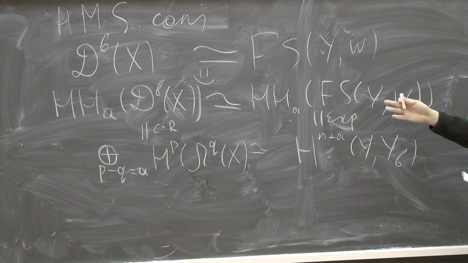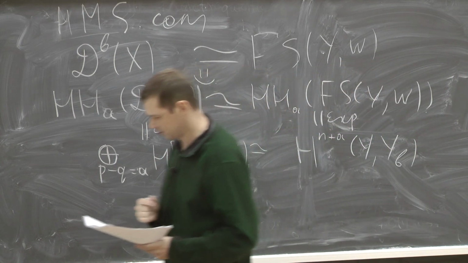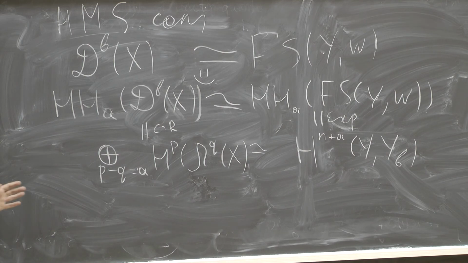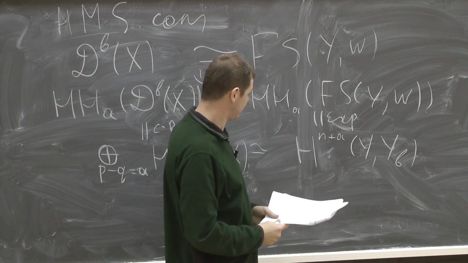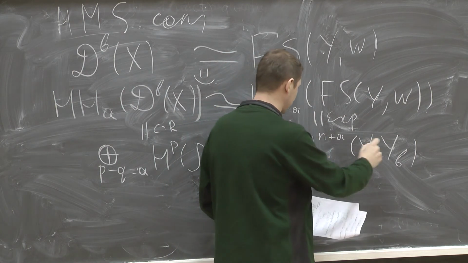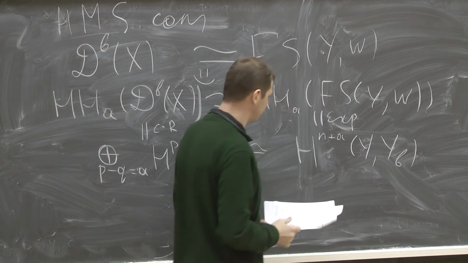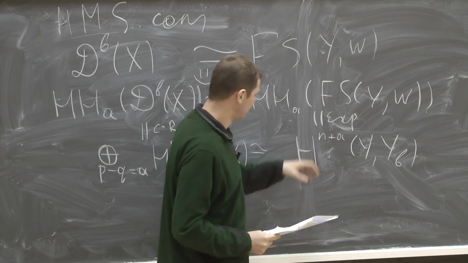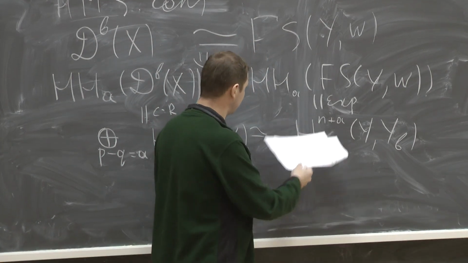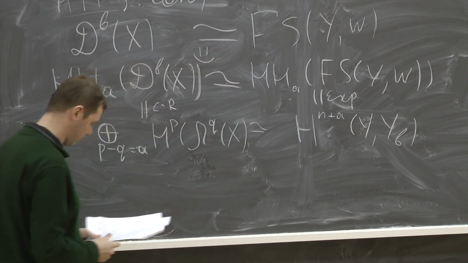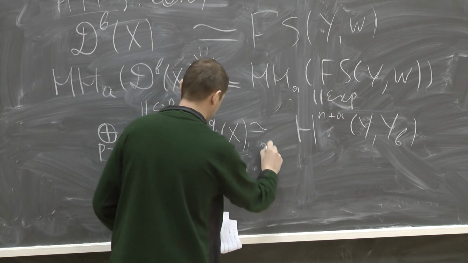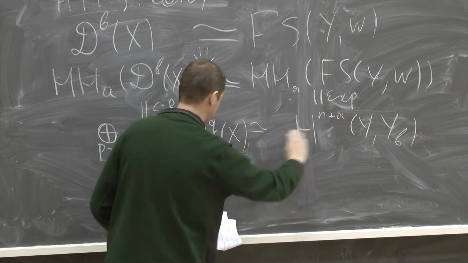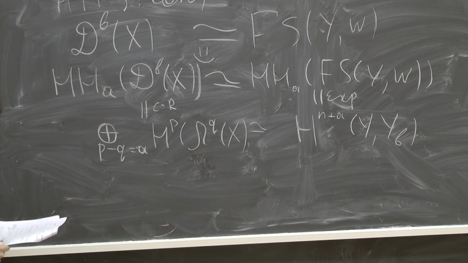Objects of the Fukaya-Seidel category are vanishing Lagrangians supporting on some smooth fibers. That's why it's natural to expect that this relative cohomology should be a Hochschild homology of the Fukaya-Seidel category. So that's our expectation. This isomorphism is what we need.